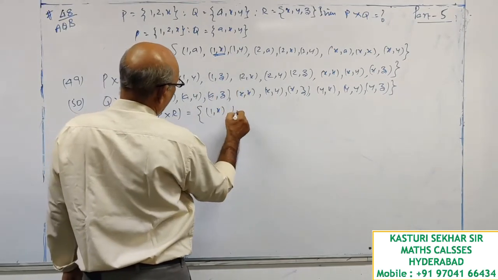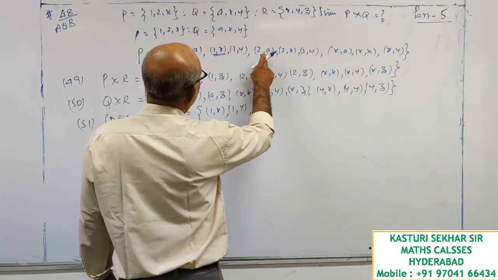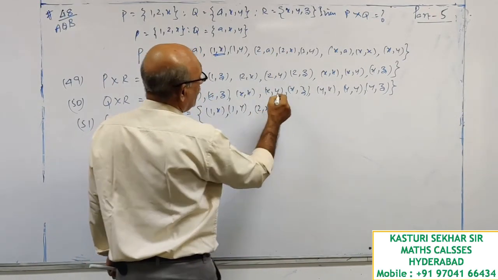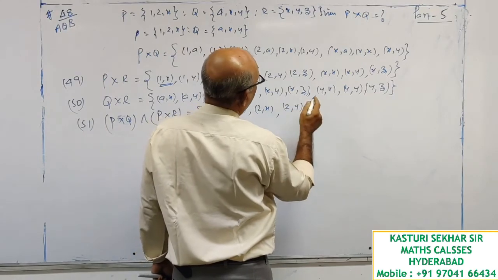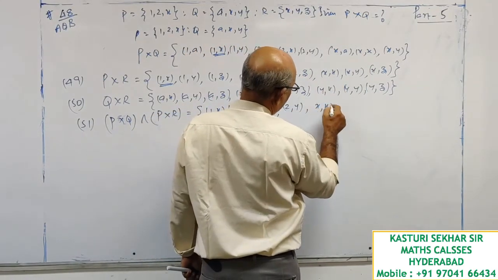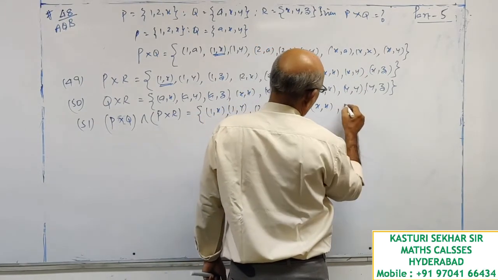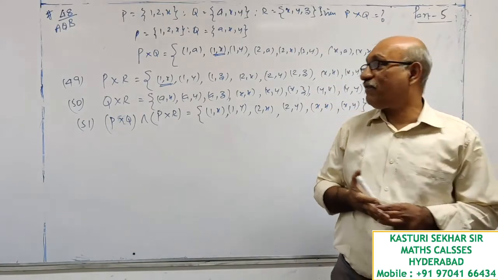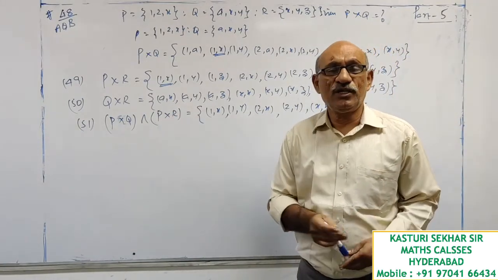Next 1 comma y, 1 comma y. 2 comma x, 2 comma x. 2 comma y, 2 comma y. x comma x, x comma y. So these are the ordered pairs which are common to these two Cartesian products.